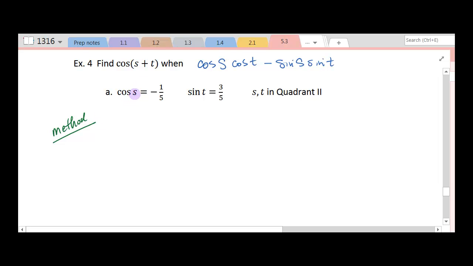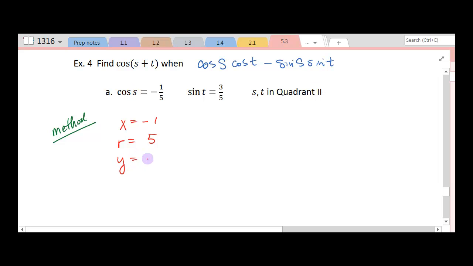So here when I'm looking at angle s, I know that x is negative 1. I know that r is 5, and therefore I can calculate what y is. Those all come from the fact that cosine is the ratio of x over r, and r is always positive, so x must be negative in this case. Or I could have seen that we're in quadrant 2 and cosine is negative in quadrant 2.